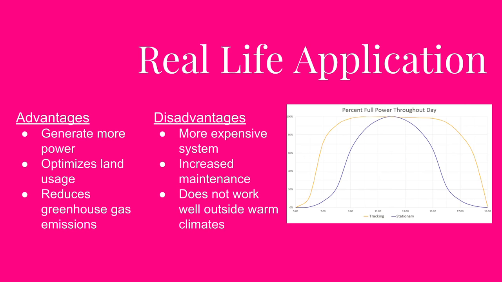In real-life application of solar panels, tracking systems, including dual-axis and single-axis, have advantages and disadvantages. Some advantages of tracking systems include they generate more electricity than their stationary counterparts due to increased direct exposure to solar rays. This increase can be as much as 10 to 25% depending on the geographic location of the tracking system.